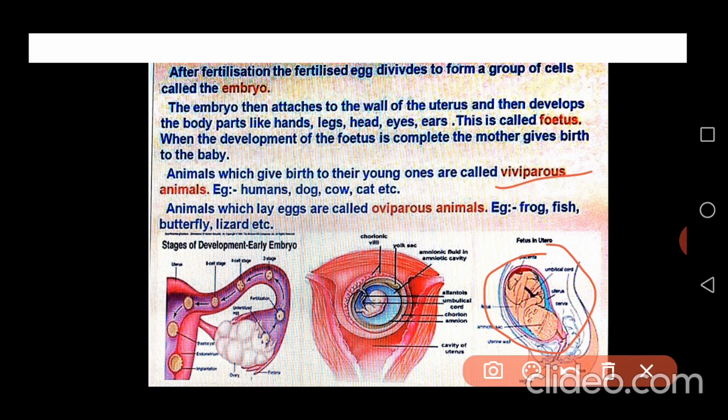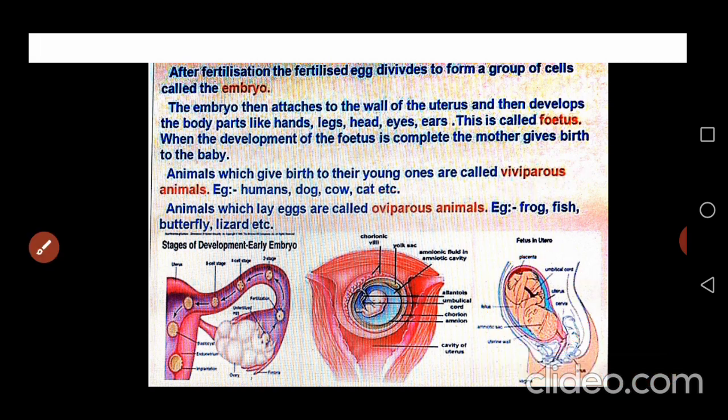Almost all animals give birth to young ones directly, except egg-laying mammals, the echidna and platypus. Those animals are commonly called viviparous animals, for example humans, dog, cow, cat, etc.